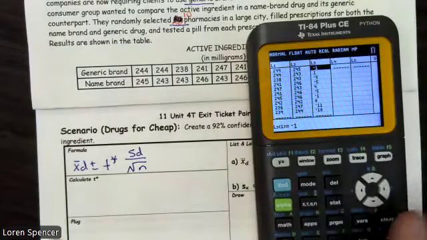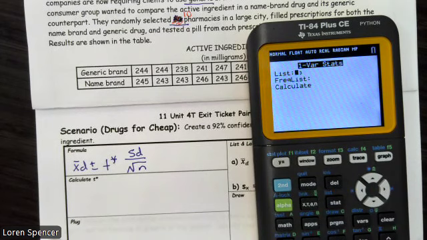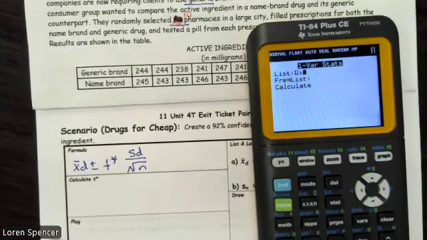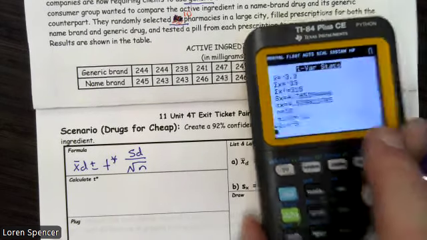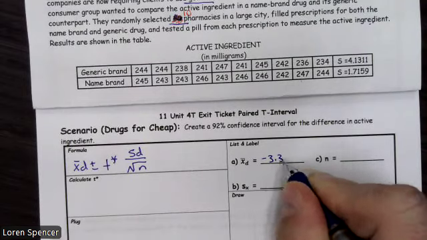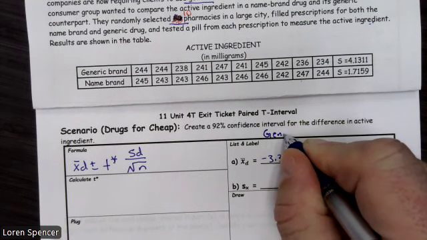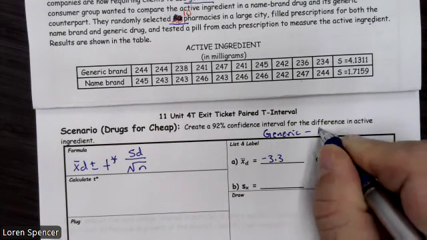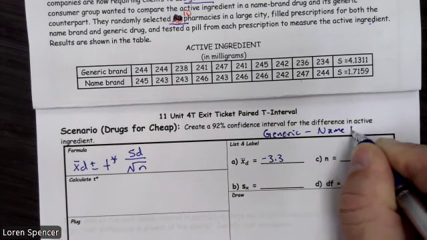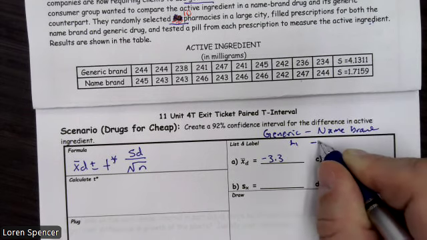All right, so stat calc, one variable statistics, blue button 3, and I end up getting an x bar of negative 3.3 because I went generic minus name brand, which is L1 minus L2.